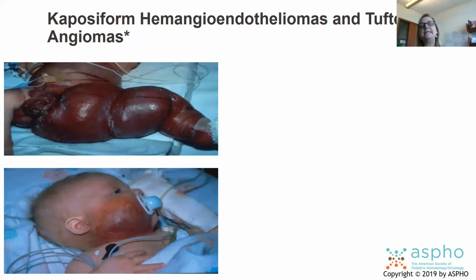So let's talk now about an intermediate tumor called Kaposiform hemangioendothelioma and tufted angiomas. And I'm sorry for these pictures, but this is what they look like if they've been aggravated.